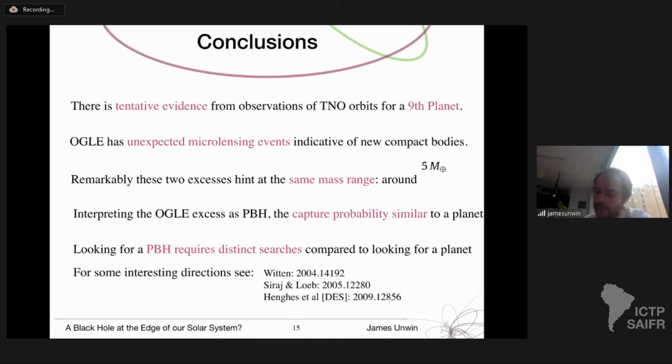there's actually a very important point, which we raised in the paper but I skipped in the talk. As well as getting signals from the object captured by our solar system, there's also a population of these primordial black holes throughout the galaxy, and in fact extragalactic.